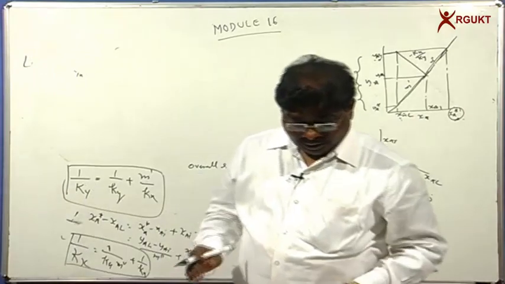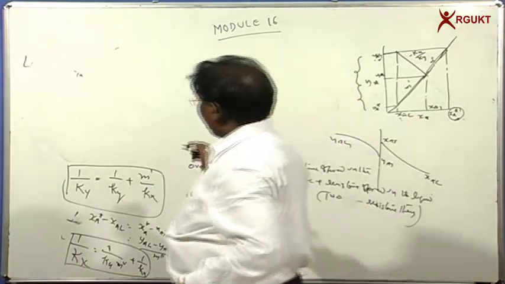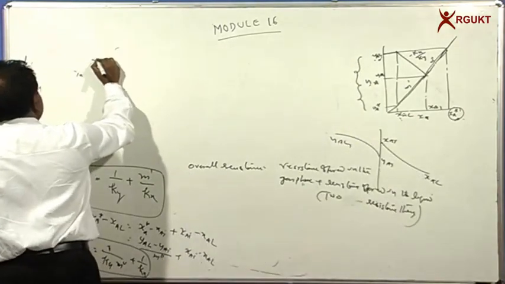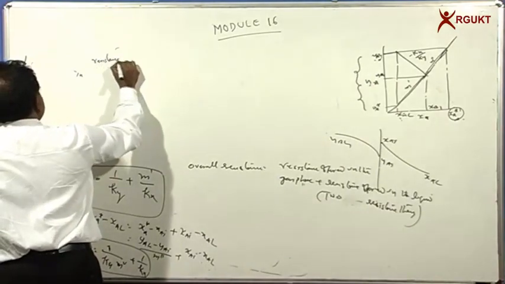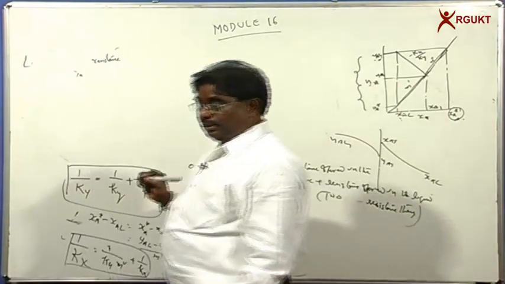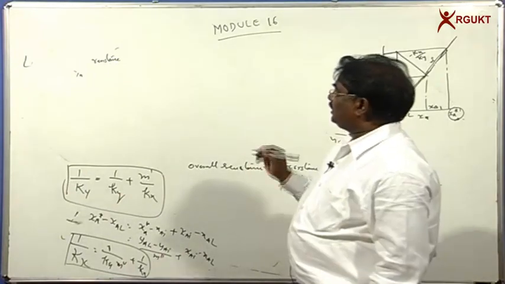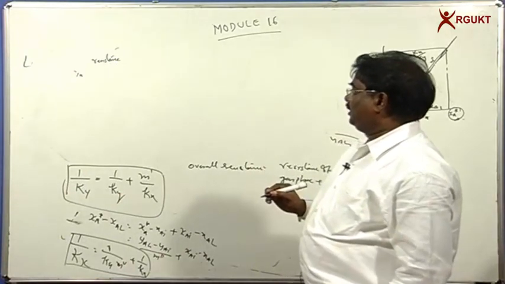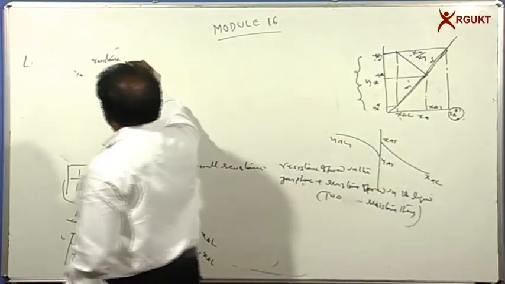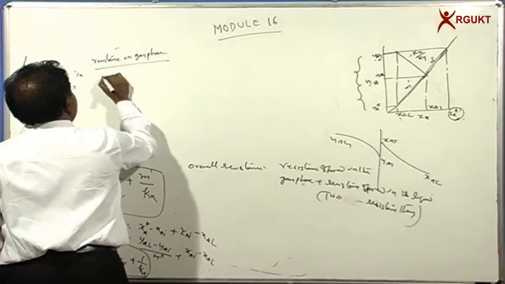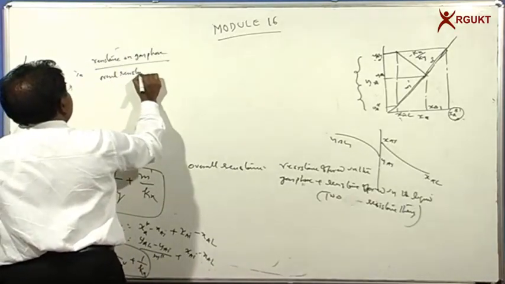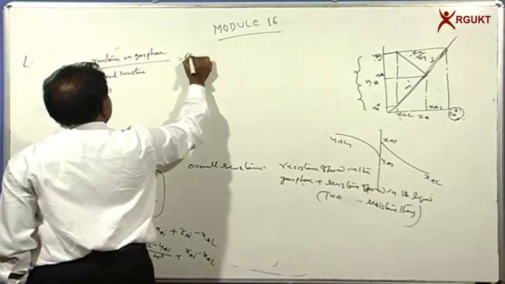Now, we can talk about the resistance in the gas phase. Most people say, for example, that 60% of the resistance is in the gas phase. That means the resistance in the gas phase divided by the overall resistance is, let's say, 60%.